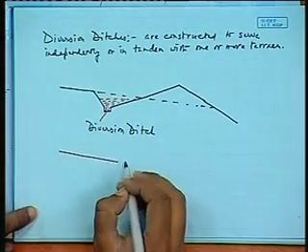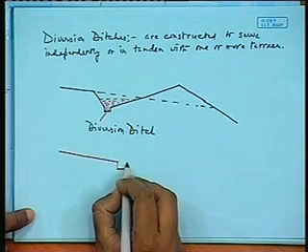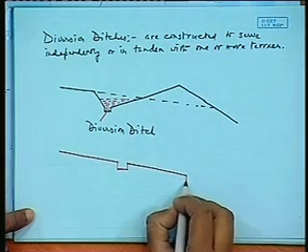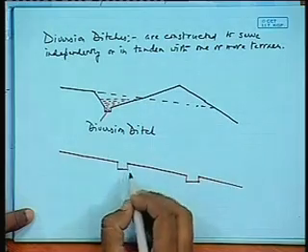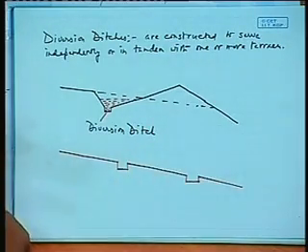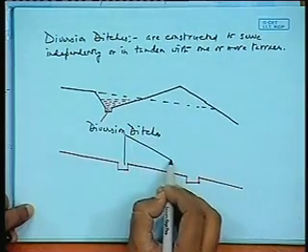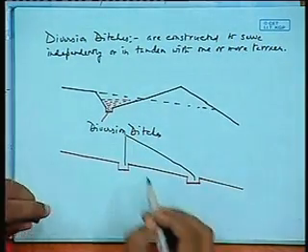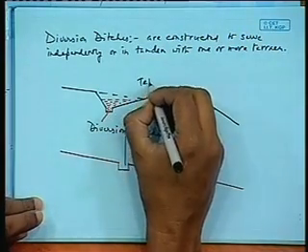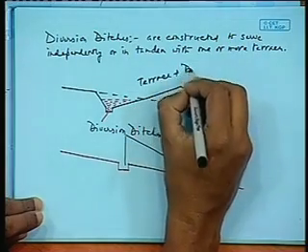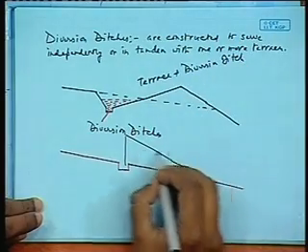In such cases, in a slope generally, you have diversion ditches like this. These are the diversion ditches which are generally used in tandem with the terrace. This is the terrace and diversion ditch, and this one is only diversion ditches.